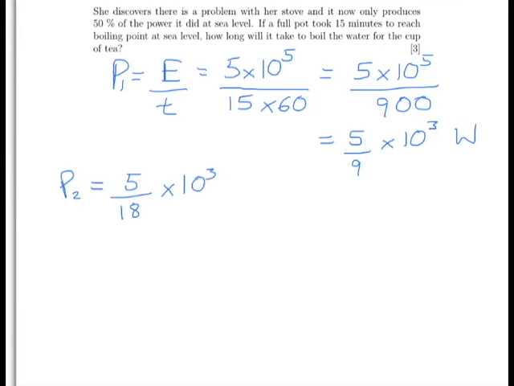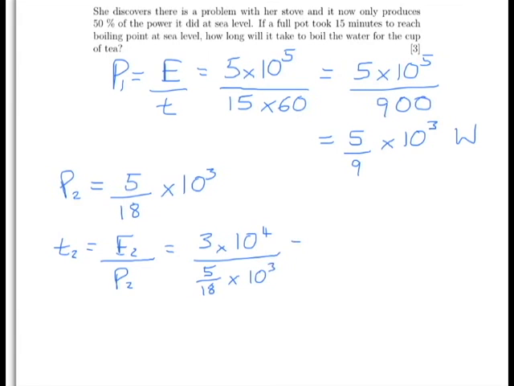We're just going to keep it in a fraction to save us doing that calculation. So let's rearrange the equation here to find time. So time 2, for completeness, let's call it 2, equals the energy 2, that's the energy up the mountain, divided by the power of the stove that's now faulty up the mountain. Our energy, we recall from earlier, was around 30 kilojoules, so that's 3 times 10 to the power of 4 joules. And our power is 5 over 18 times 10 to the 3 watts.